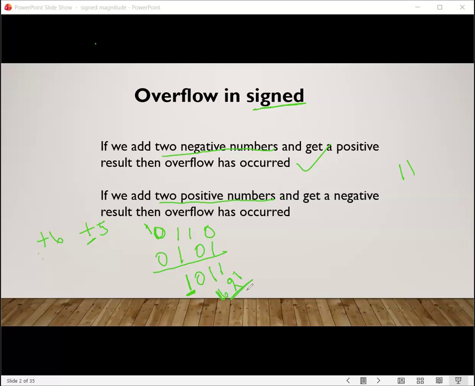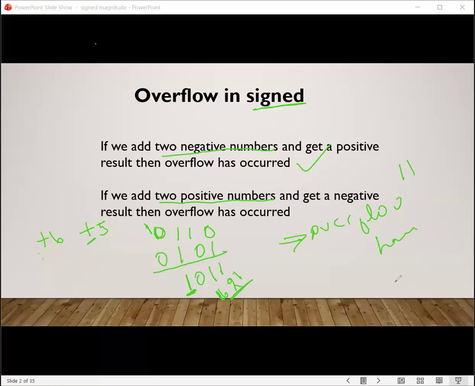So the answer is wrong here. If we add two positive numbers and get a negative result, then overflow has occurred. Since the first bit is 1, overflow has occurred.